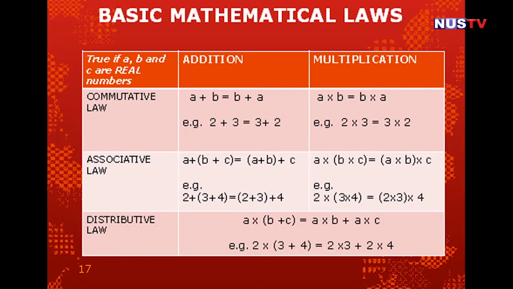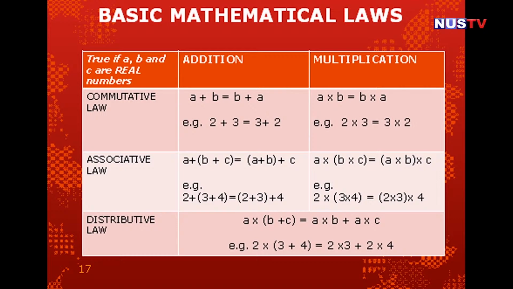So remember this. Example, 2 times bracket 3 plus 4 bracket is the same as 2 times 3 plus 2 times 4. Why? Because they will have the same answer.